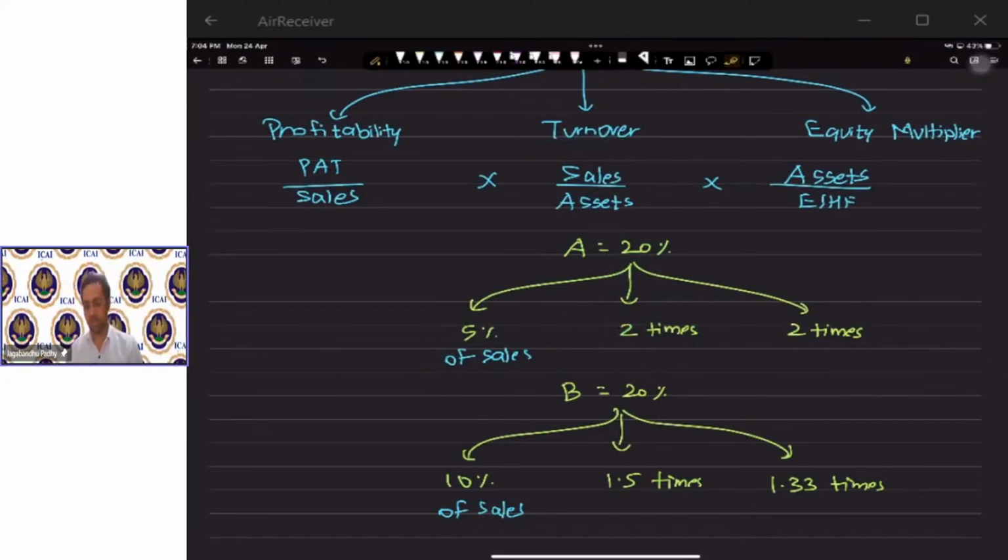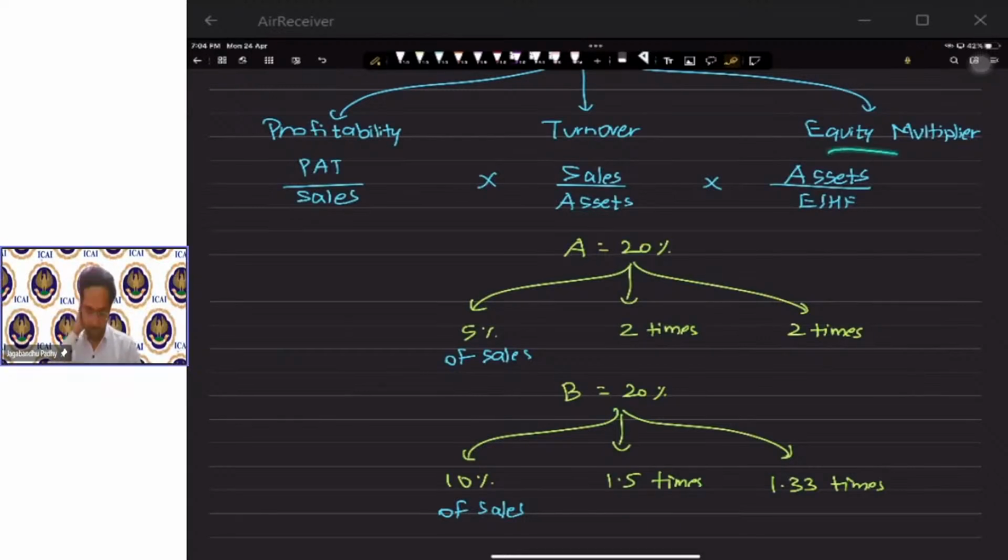It means it is able to use its assets to generate double its value as sales. B is having a turnover which is 1.5 times of its assets.